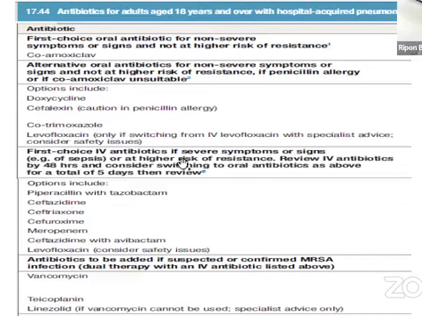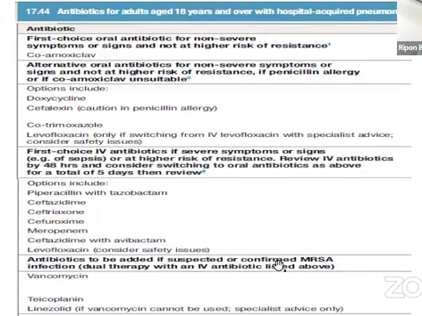First choice IV antibiotics if severe symptoms or signs or at higher risk of resistance: piperacillin with tazobactam, ceftazidime, ceftriaxone, cefuroxime, meropenem, ceftazidime with avibactam, levofloxacin.